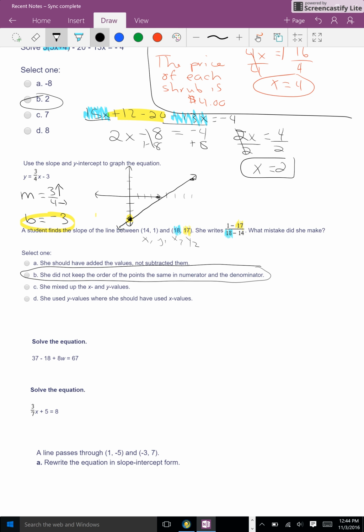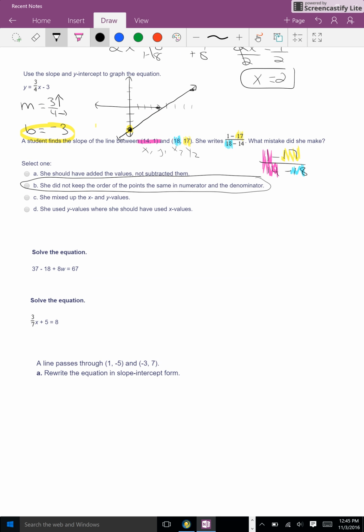So the correct way, if this student would have done it this way, would have been 1 minus 17 over 14 minus 18. So then the order, 17 goes with 18, and the 14, 1 goes with 1 and 14. So order matters. Whatever ordered pair you choose to be y2, make sure it stays on top of each other.